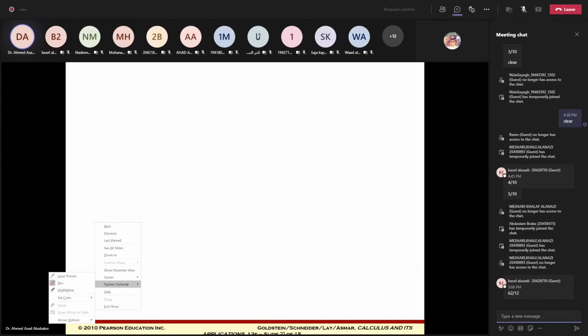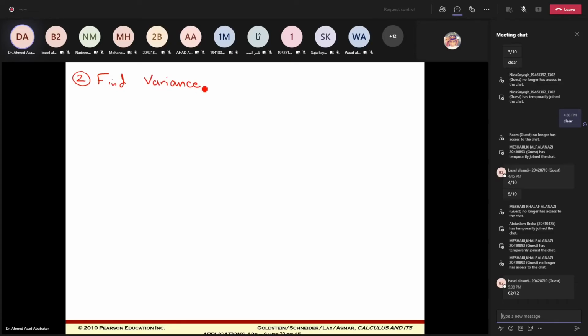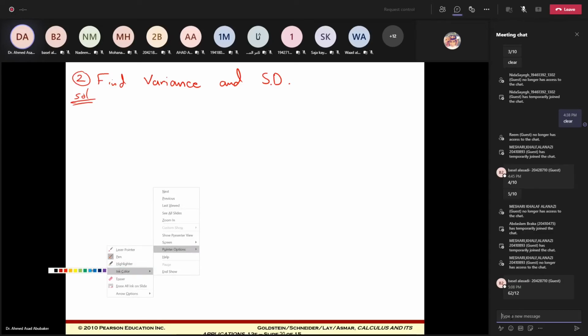If we need to find the variance and standard deviation, we need to use the value of the mean from the previous exercise.